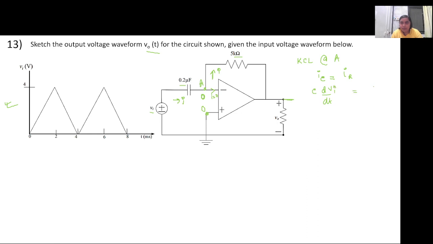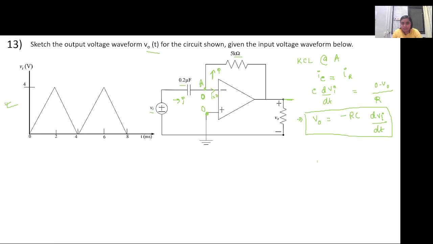And IR will be 0 minus V naught by R, whatever the value of R will be. So we'll just plug in the value of R and take the negative sign this side. So we will write V naught as minus RC into dVi by dt. This will be the output voltage equation.